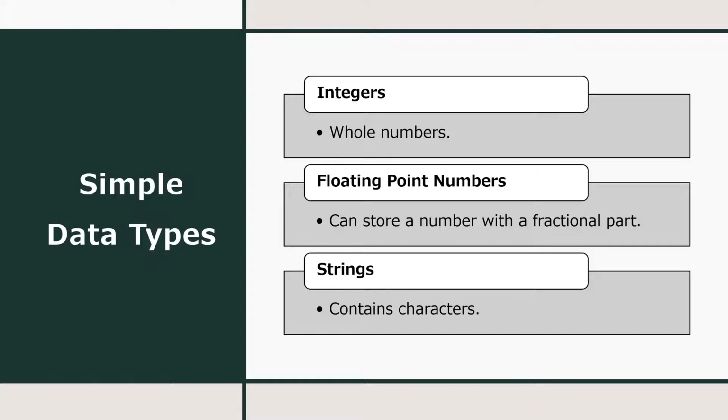There's integers, which are just whole numbers, like I said earlier, 1, 2, 3, those kinds of things. There's floating point numbers, which are numbers with decimals in them, like 4.8, 90.73, things like that. But then there's strings. We haven't really talked too much about strings, even though we've already used them. Strings are kind of like sentences.